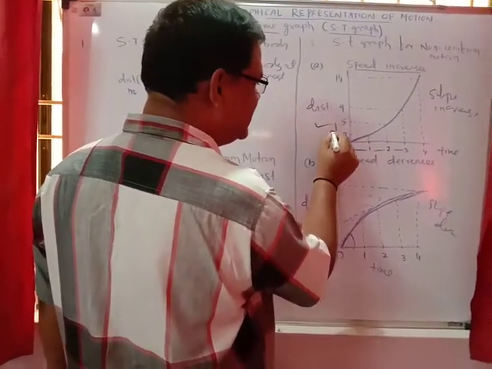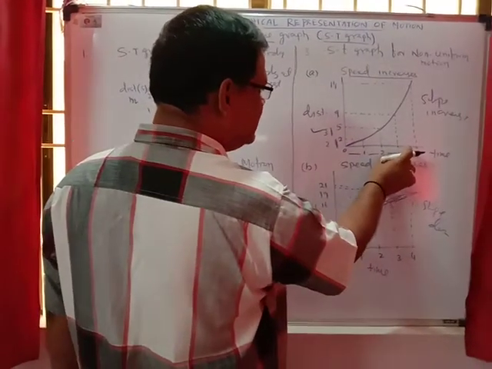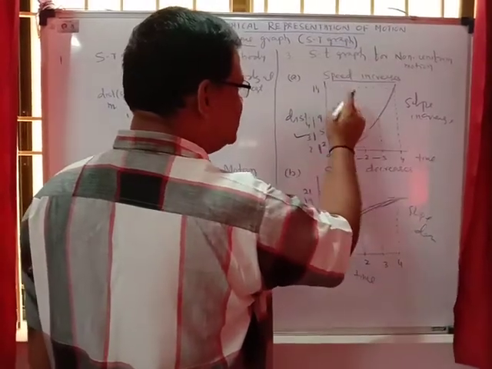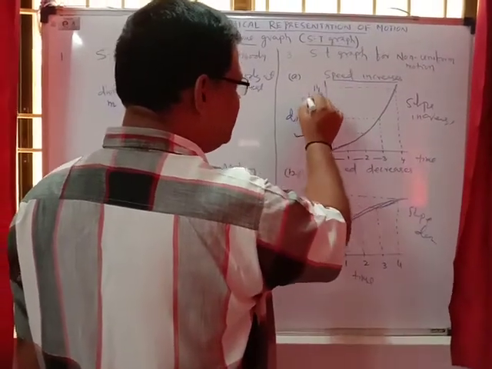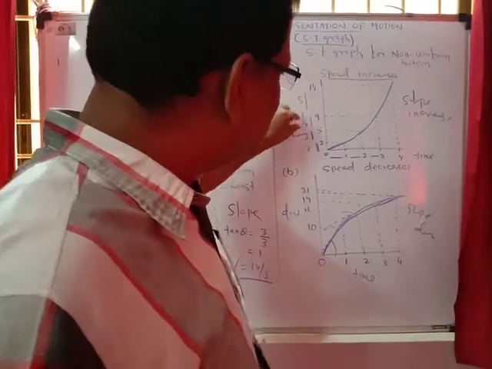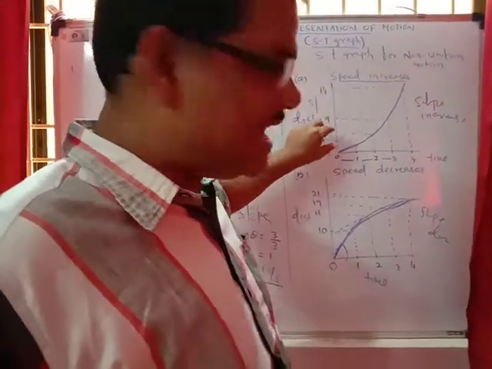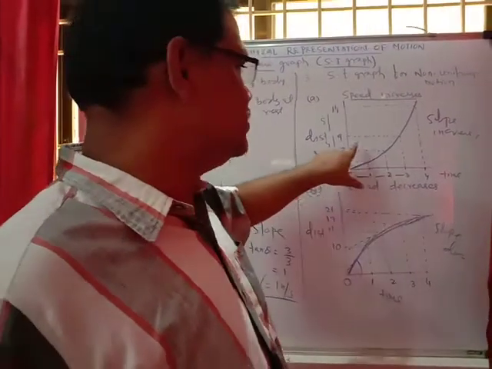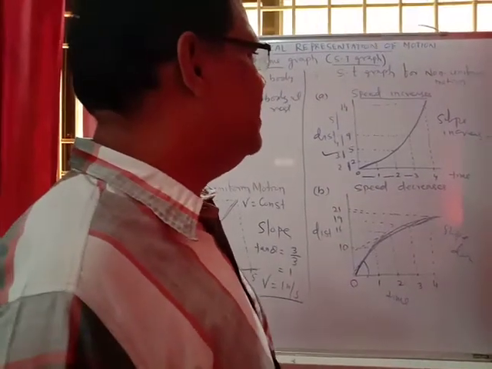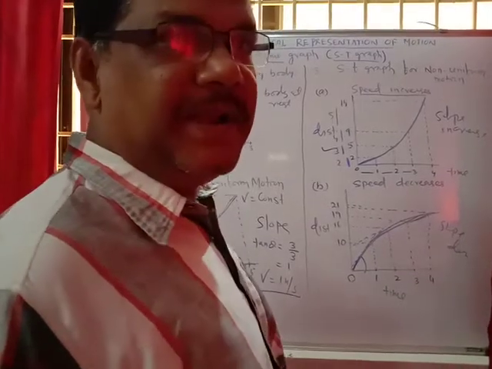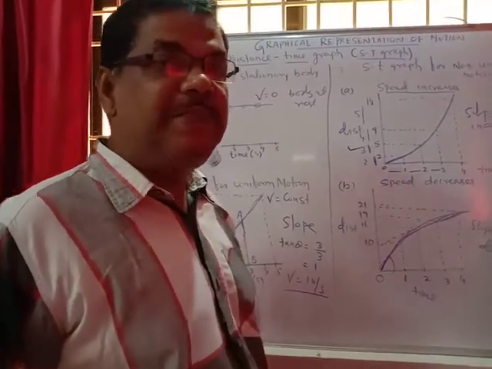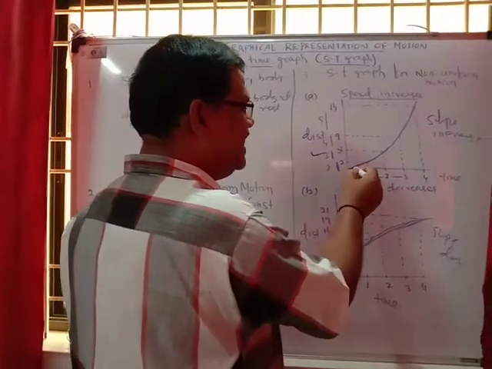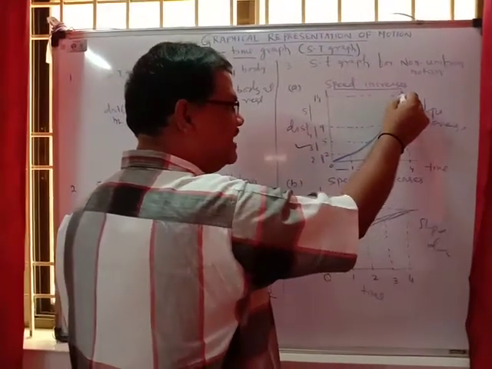And in another equal interval of time, the distance gap is 4 meter. And in another interval of time, the distance gap is 5 meter. So the distance gap is gradually increasing with respect to the interval of time. So this type of graph indicates increasing speed. This graph indicates the speed of the object increases. The graph becomes a curve like that.